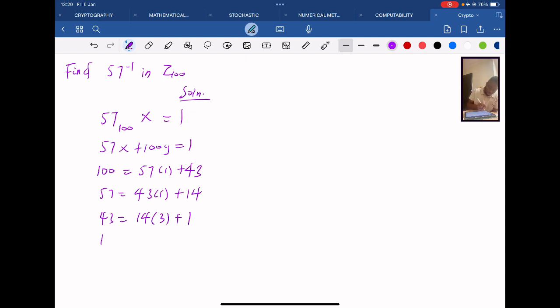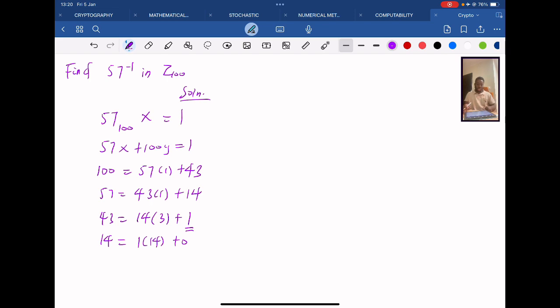If you move on, you're going to get 14 is equal to 1 times 14 plus 0. So indeed, you can see that the GCD of 57 and 100 is 1. Now, since this is 1, it means that indeed 57 is invertible in Z100.